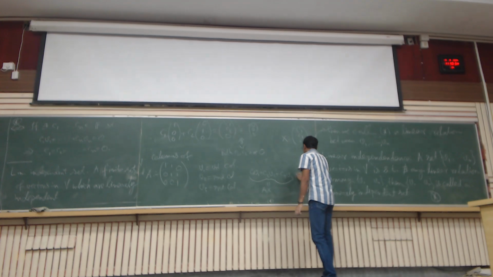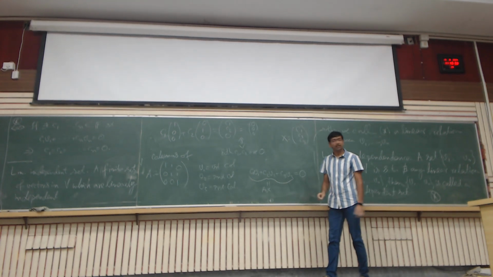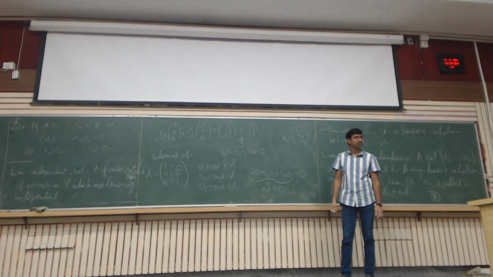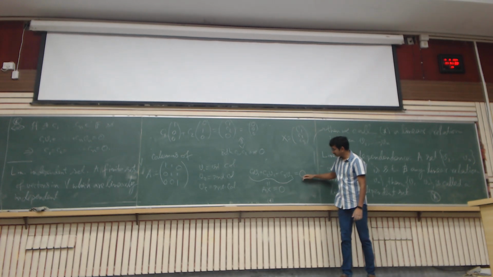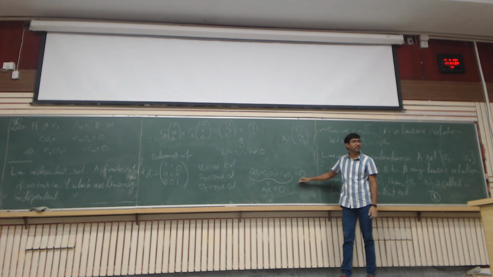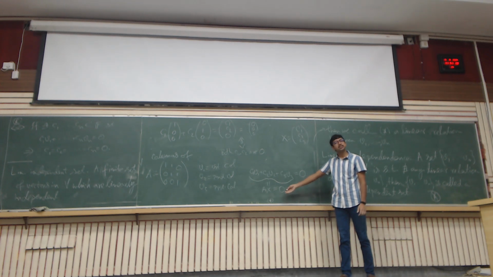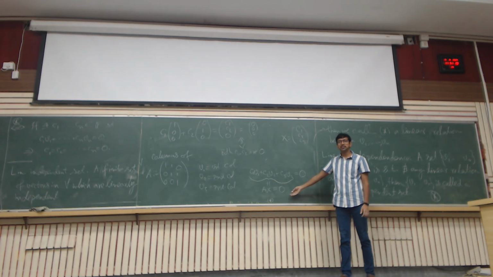Okay, so note that now this is equal to 0. That means this is equal to 0. Such a linear relation exists if this has a non-trivial solution. Well, 0 is always a solution.